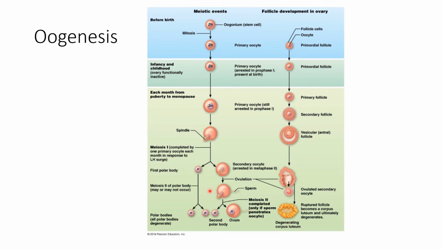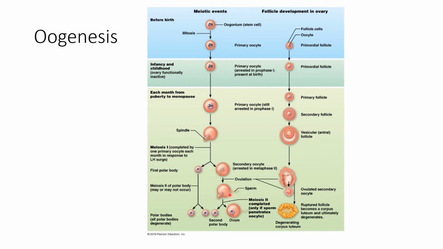going to be lost when the female has the menstrual cycle. So that secondary oocyte is only going to finish off meiosis number 2 if a sperm penetrates it.